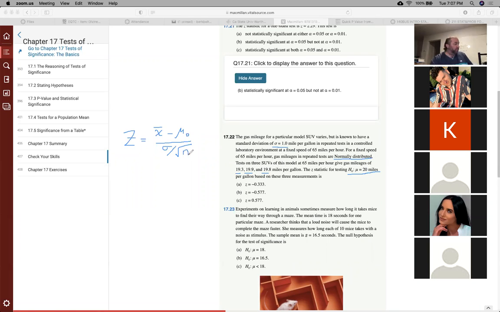And this is nothing more than the Z-score formula from chapters and chapters ago. So what is our X bar? Our X bar is our sample average. That's the average of 19.3, 19.9, and 19.8. How do I find the average of those? What's the easiest way of getting that?